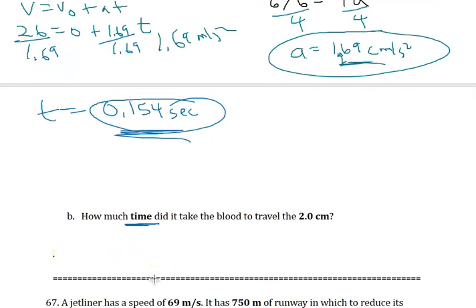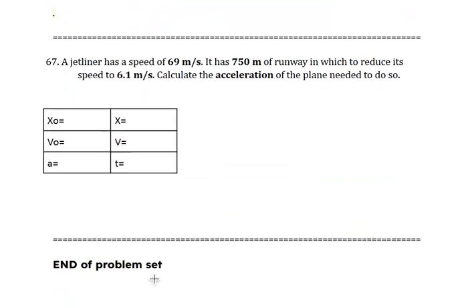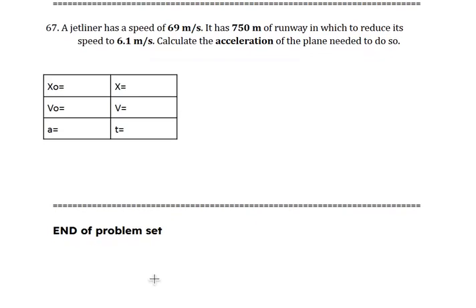All right, people, hang in there. We got one more question. So we have a jetliner with a speed of 69, and it has 750 meters of runway. It's going to go from big speed to small speed, and we care about the acceleration. But we really don't care how much time this took.